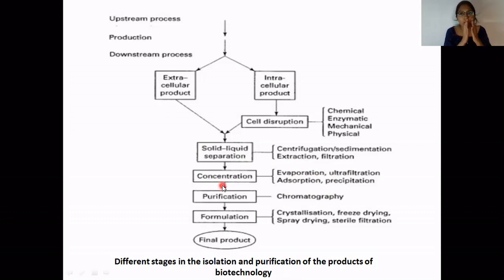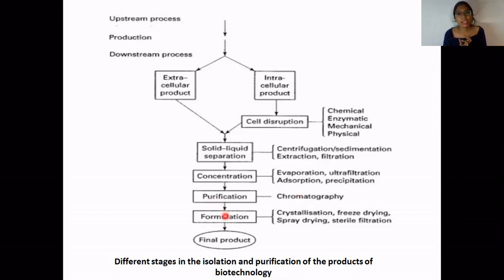Once you have concentrated the product, you have to purify it, because with that product, some amount of other products, or other impurities, will be present. So that comes the purification step, which is mainly carried out by chromatography. Then comes the formulation step.